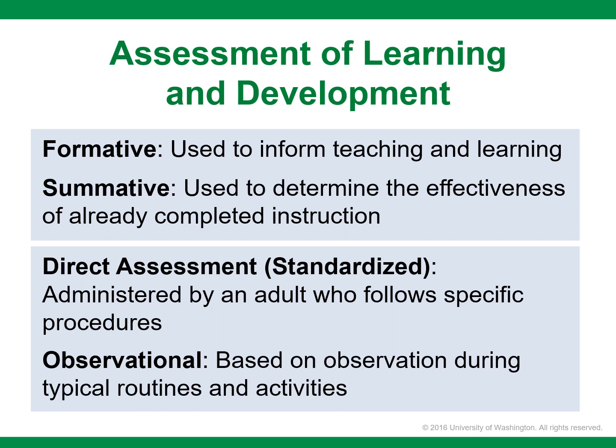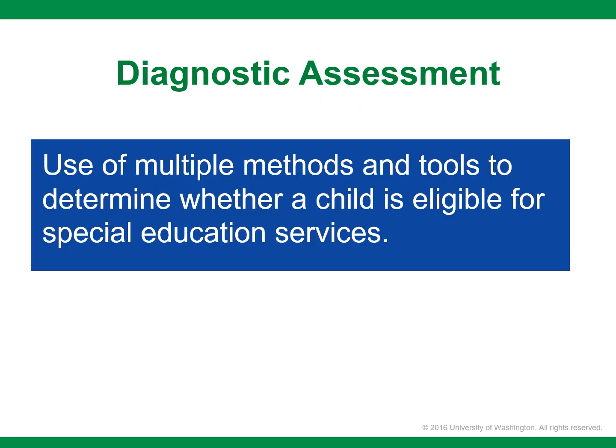An example of a direct assessment is a developmental screener for young children that might go with a particular curriculum tool, such as Teaching Strategies Gold. Other types of curricula materials may also include a direct assessment, such as the DIAL, or you might have heard of the Brigance tool. These are direct assessments that are standardized across groups of children.